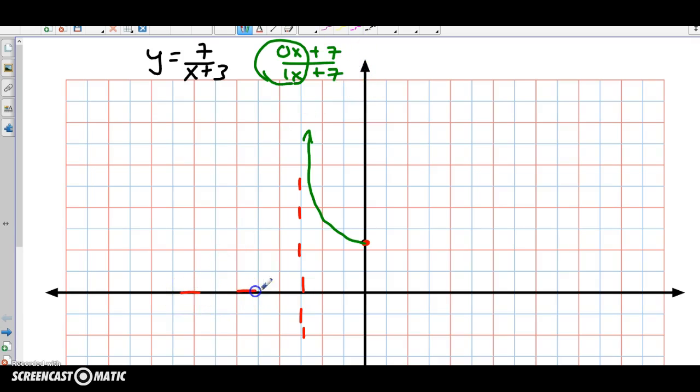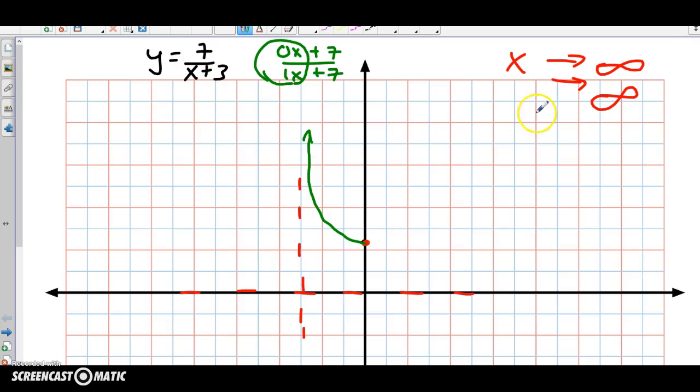So whenever you have a bigger degree variable on the bottom compared to the top, like in this case I have an x here, I don't have anything on top, my horizontal asymptote will be 0. And how does that make sense? That makes sense because if you look at the note, it says what happens as x approaches infinity and x approaches -infinity. So x approaching infinity means I'm going way over here.